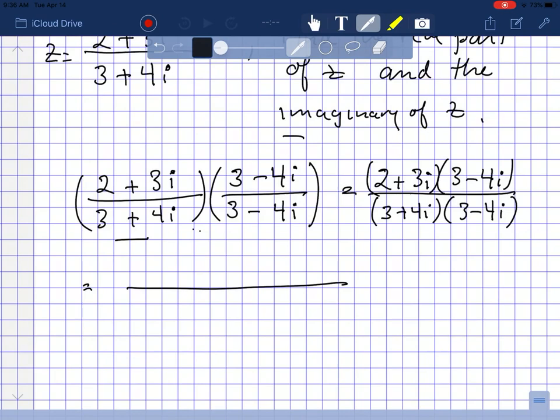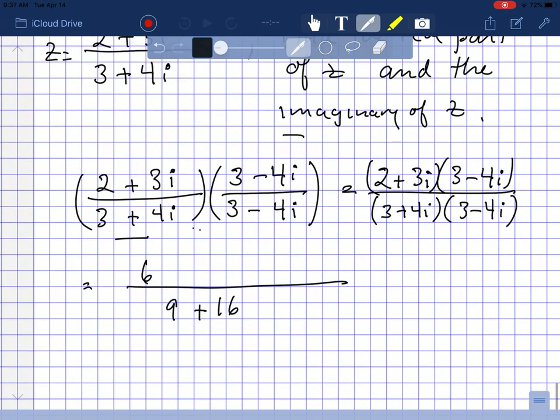Now we have to do the multiplication. When we multiply a complex number by its conjugate, it's just going to be the real part squared plus the imaginary part squared. So this is just going to be 9 plus 16. And then I have to do the multiplication up here in the numerator. So this is going to be 2 times 3, so I get 6, plus 3i times 3, that's going to be 9i.